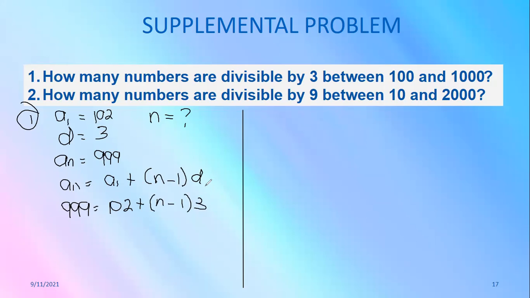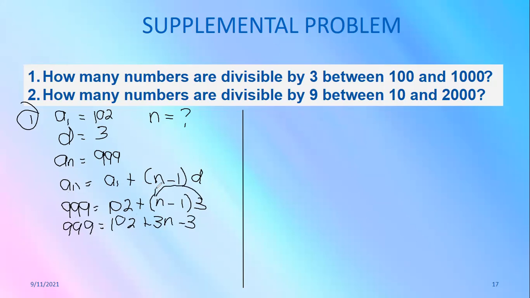Okay, let's simplify this. To simplify the equation, so 999 is equal to 102 plus 3n minus 3.